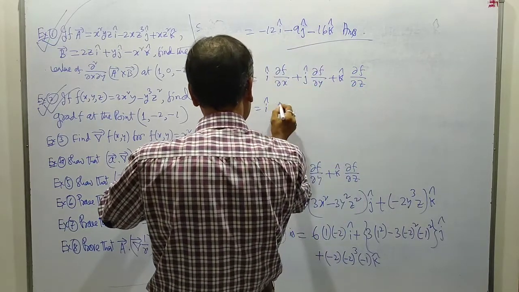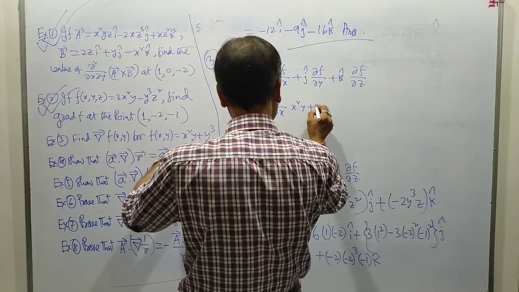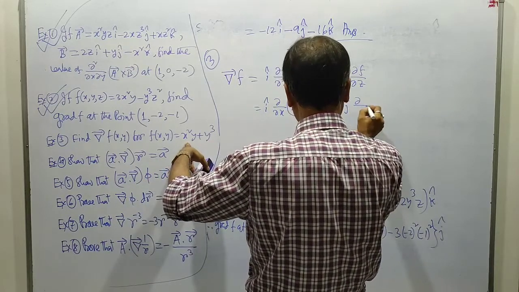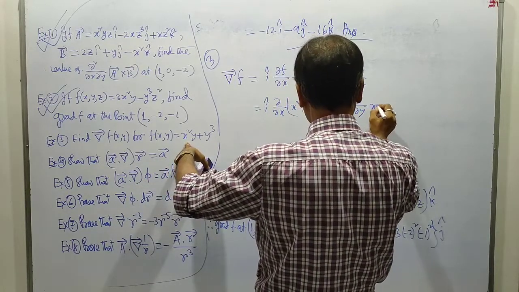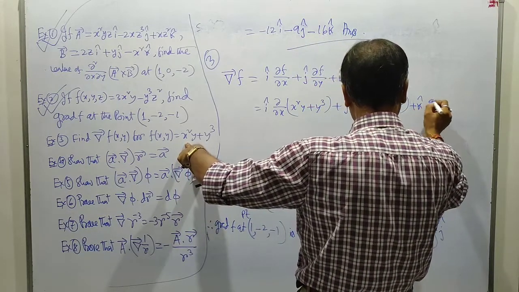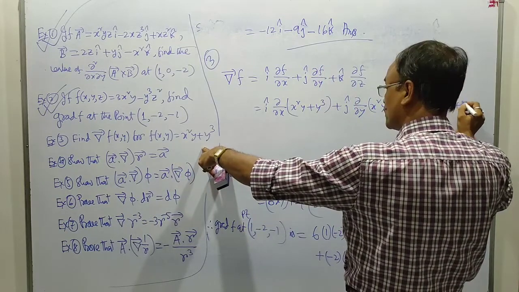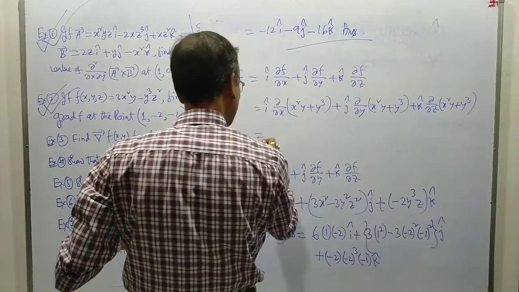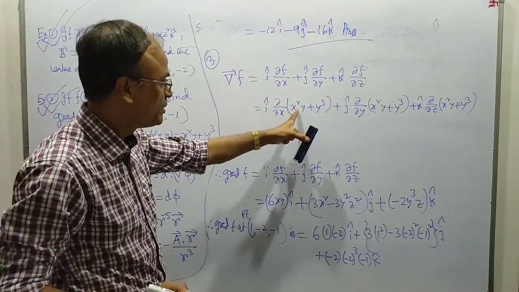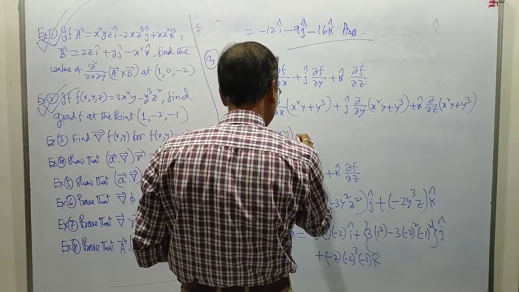This is equal to i cap del by del x of f, which is x squared y plus y cube, plus j cap del by del y of x squared y plus y cube, plus k cap del by del z of x squared y plus y cube. With respect to x partial differentiation, it will be 2xy i cap.